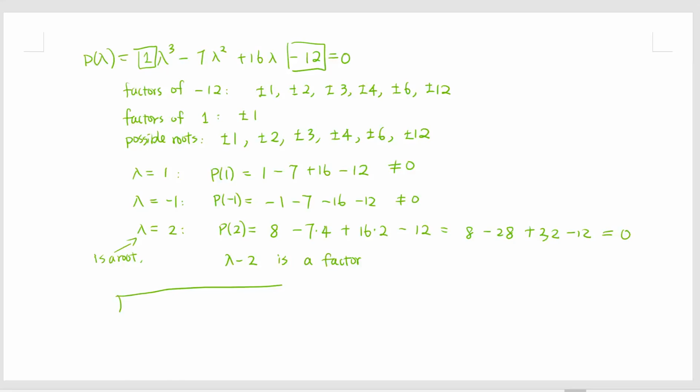Long division: we have lambda cubed minus 7 lambda squared plus 16 lambda minus 12, over lambda minus 2.